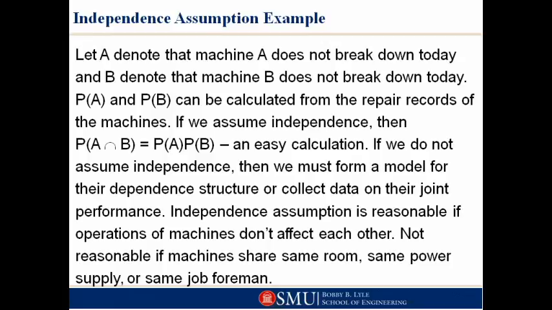This goes back to that first recording where I said there are different ways that people work with probabilities. One is to assume something, in this case, that events A and B are independent. But if I assume A going down is completely independent of B, well, suppose they do share the same power supply.